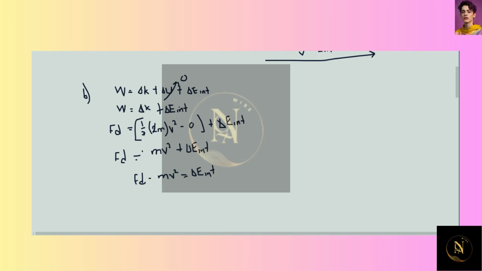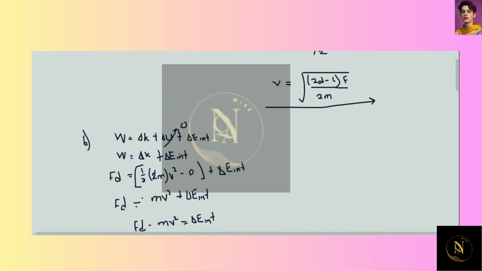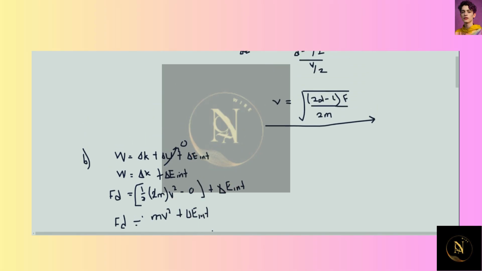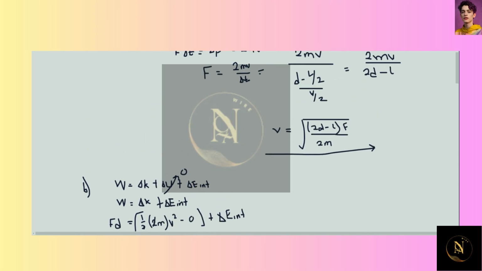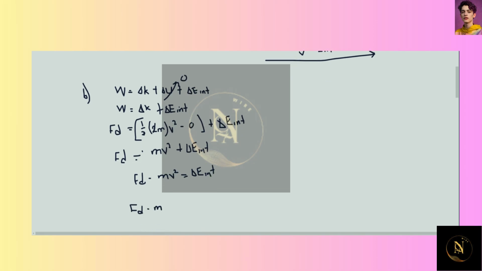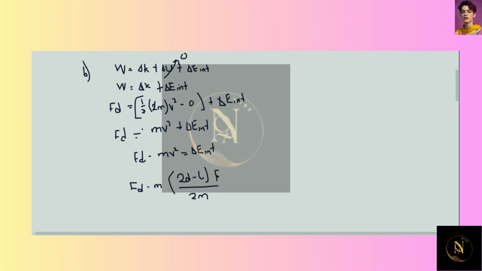We want to express this v in terms of the force that we have. So now we can just say Fd minus m, and then for v squared, we plug in what we had for v squared. V squared, notice, is just 2d minus L multiplied by F all over 2m, like that.